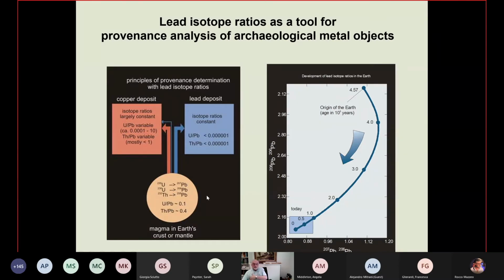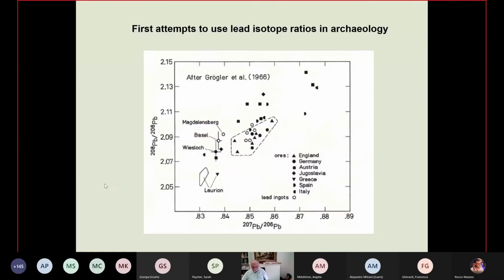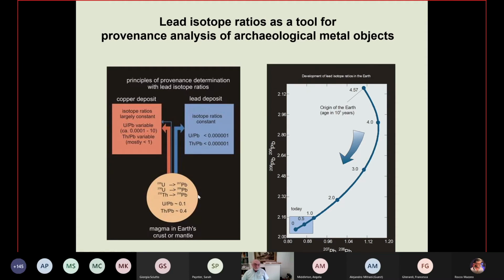And the principle that we find differences and that we can differentiate ore deposits with lead isotope ratios is the following. In the Earth's mantle, where we have the magma, uranium and thorium are continuously decaying and continuously altering the lead isotope composition.